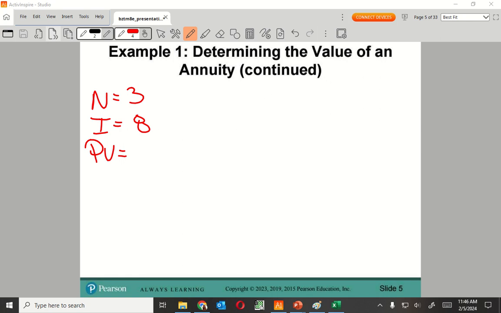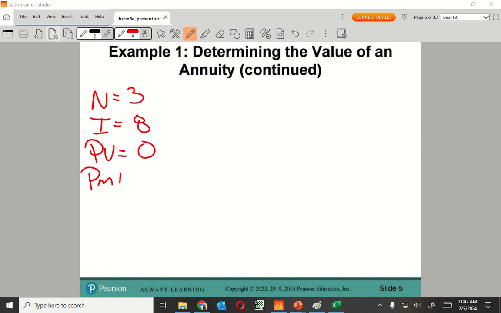If we're starting at the beginning of the year, that means we start with 0, and we haven't made our first payment until the end of the year. So we're starting this equation here in January. We don't make our first payment until December. Does that sound better? Okay, so my present value is going to be 0.